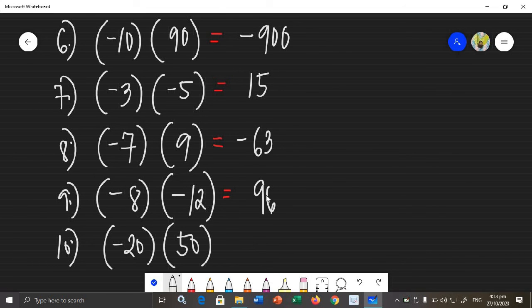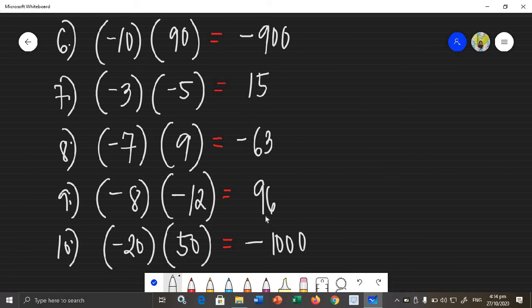And then the last example, number 10: the given have different signs, one negative and one positive. Therefore, the sign of the product is automatically negative. 20 times 50 is 1,000. The product of example number 10 is negative 1,000, because the given have different signs.